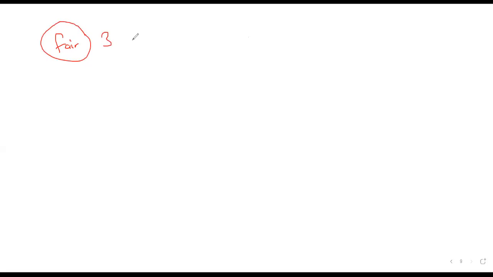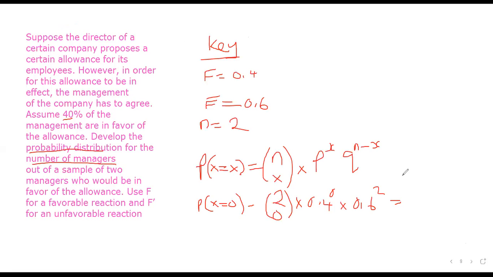Colin: Yes, please. Just to take you back a bit, I wanted to find out, for a question like this where it says out of the sample of 2 managers, how do you then know that you're supposed to include the probability of 0 as well? Probability always starts from 0, because there's a chance that there's no manager who will be in favor.